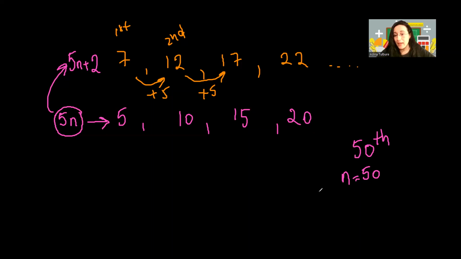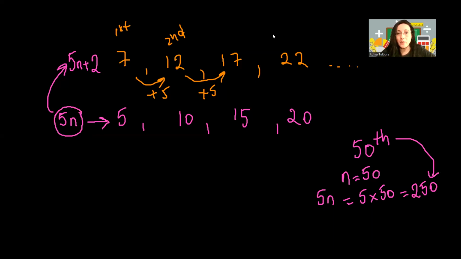So for 5n, the 50th term will be 50 times 5, which is 250. So the 50th term of this sequence, the purple sequence, will be 250. This is our classic 5 times table.